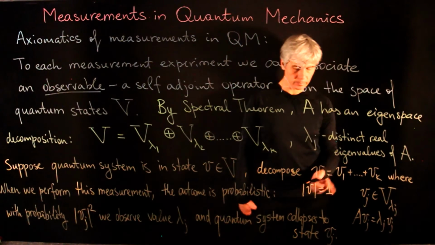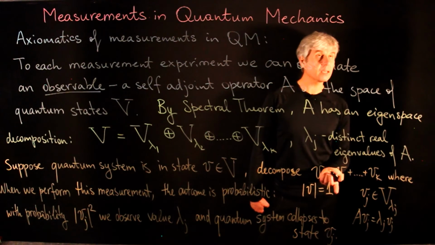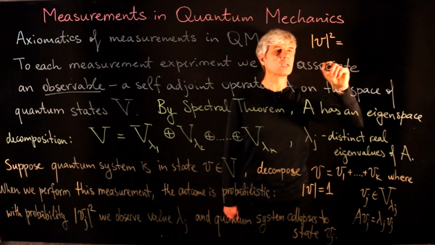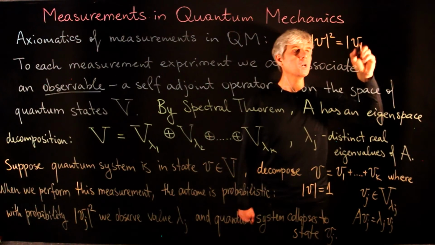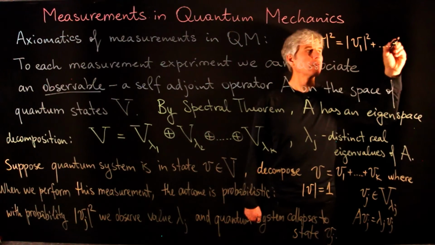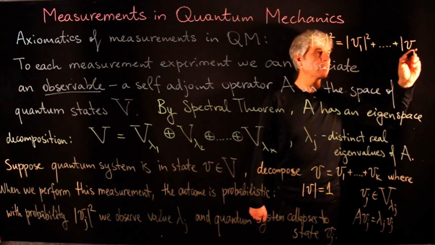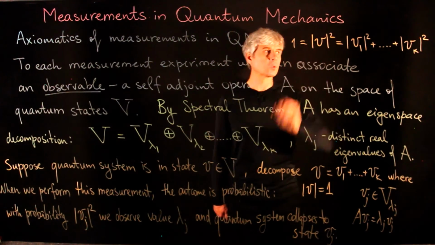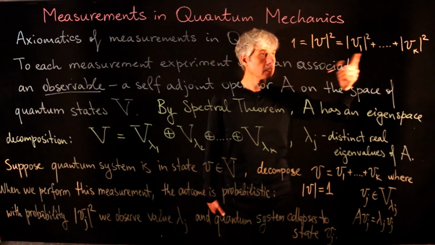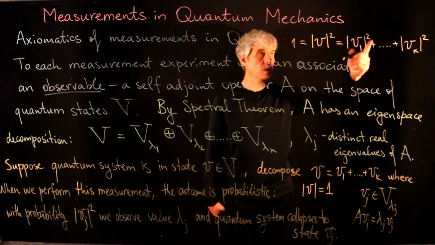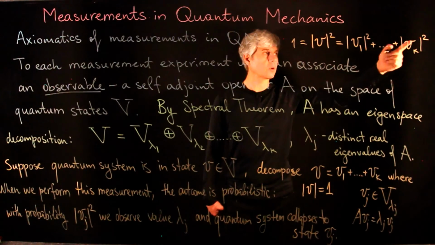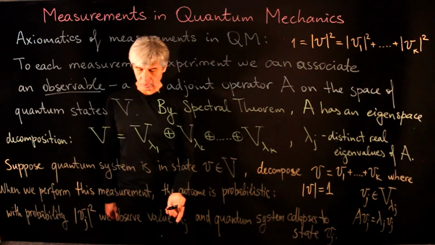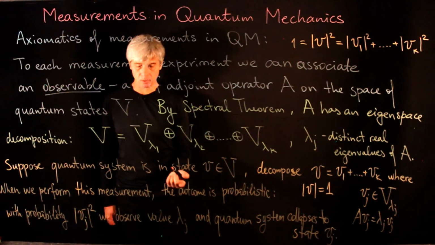So the generalization of Pythagoras theorem will say that the norm of V in this situation is equal to the norm of V1 squared plus the norm of Vk squared, right? And so this is equal to 1. So this means that we can interpret these norms of components as probabilities. And so what we say here is two things.